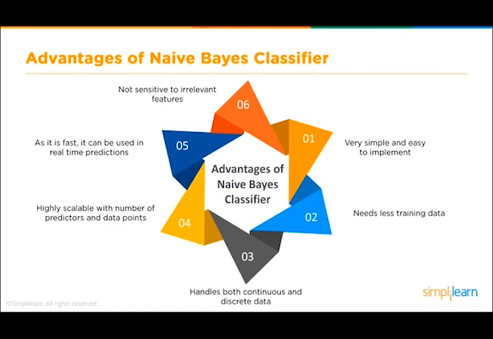And then finally, it's not sensitive to irrelevant features. So it picks up on your different probabilities, and if you're short on data on one probability, it automatically adjusts for that. Those formulas are very automatic, and so you can still get a very solid predictability even if you're missing data or you have overlapping data for 2 completely different areas.